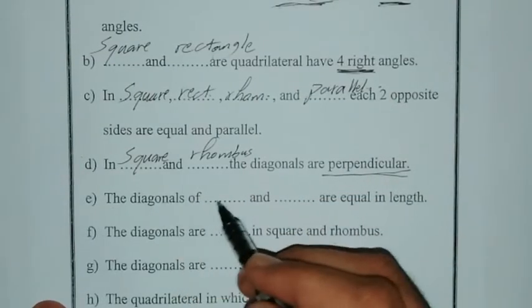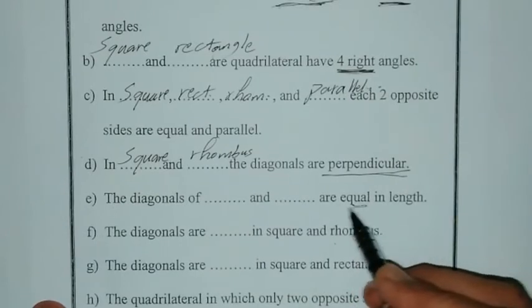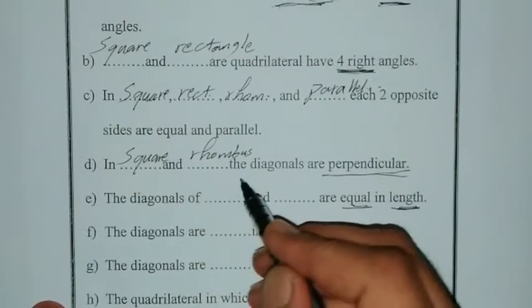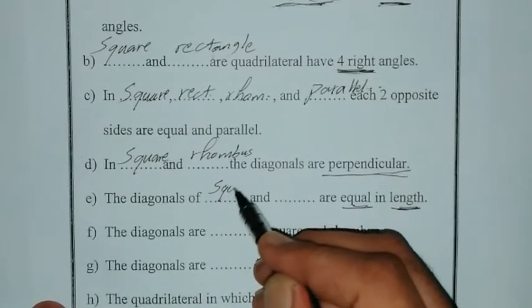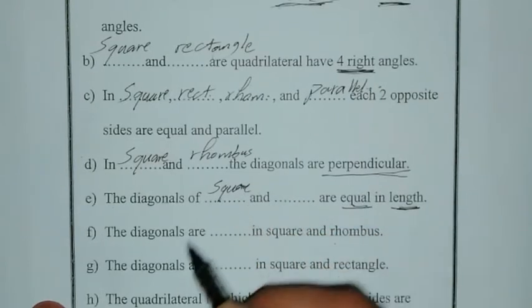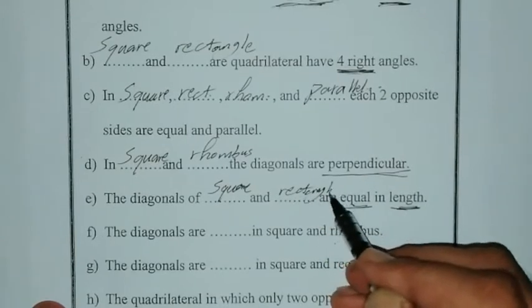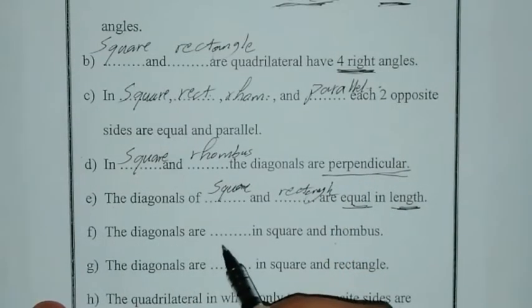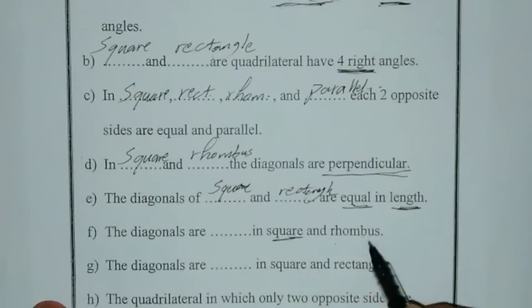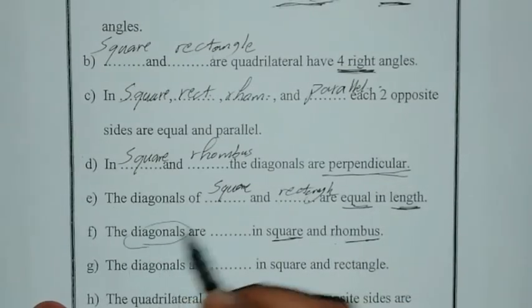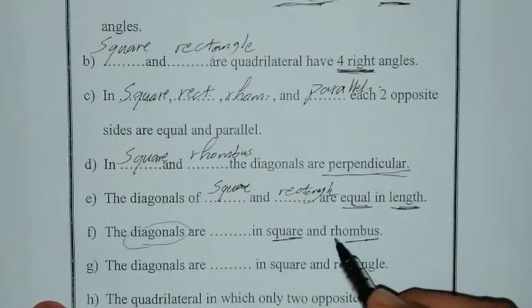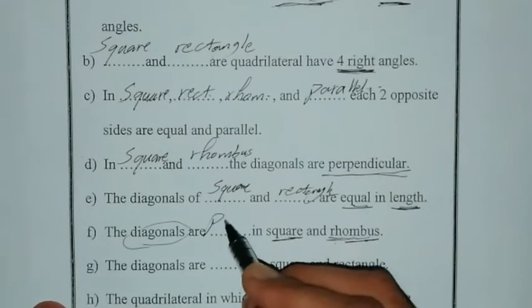The diagonals of what and what are equal in length? Square. Rectangle. The diagonals are what in square and rhombus? Perpendicular.